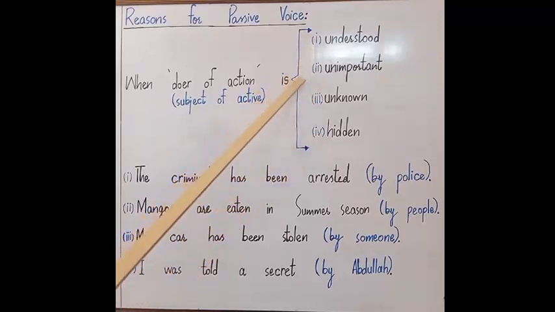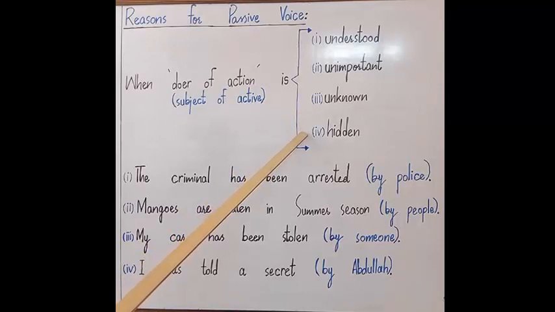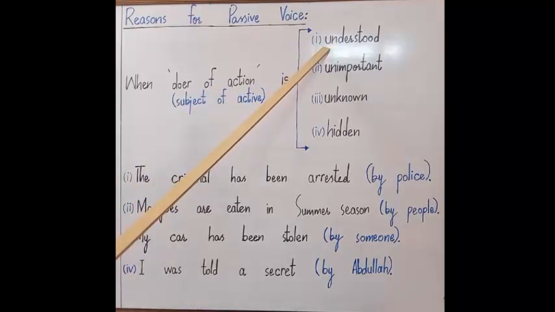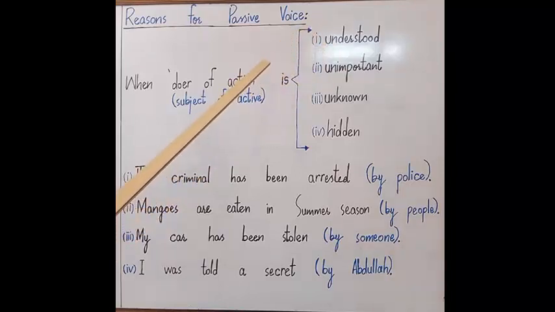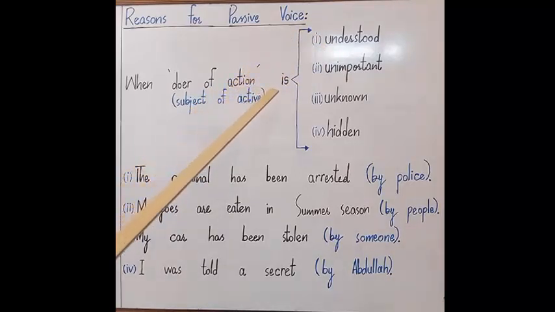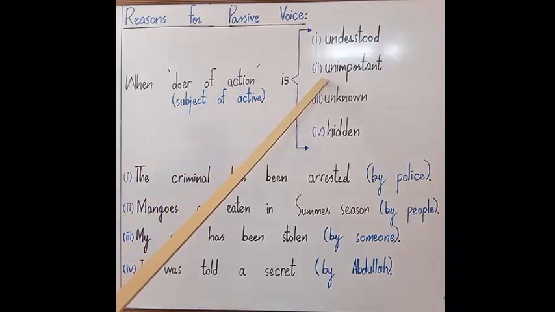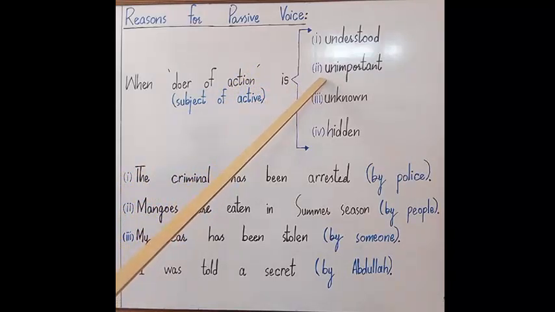Any one of these 4 reasons can be applied for the usage of passive voice. When the subject of the active sentence, in simple words the doer of an action, is understood, we use passive voice, not active voice. When the doer of an action, which means the subject of the active voice, is unimportant, we don't use an active sentence, we use a passive sentence.